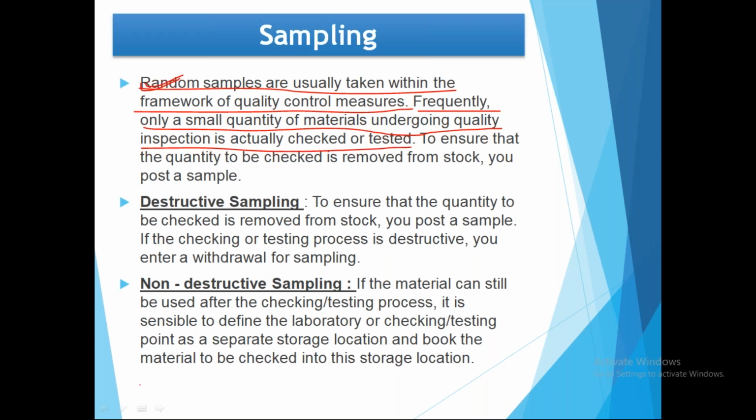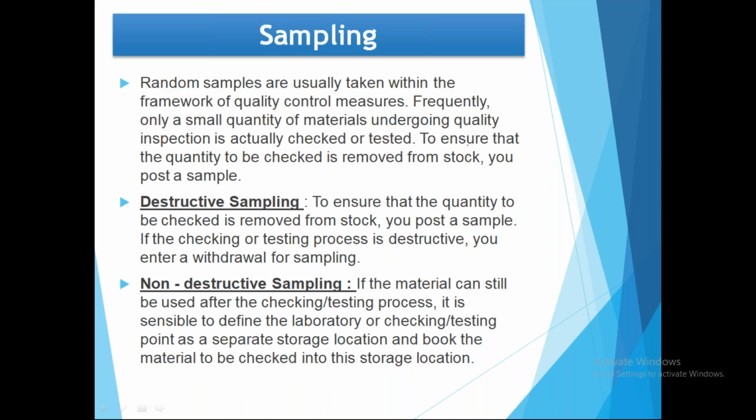Suppose you have 100 liters of material. To do quality inspection, from this 100 liters they will take only a certain quantity, 0.5 liter, and on this 0.5 liter they will do the quality inspection. During the inspection, this 0.5 liter stock will get consumed. So this is the sample quantity we need to book in the system.